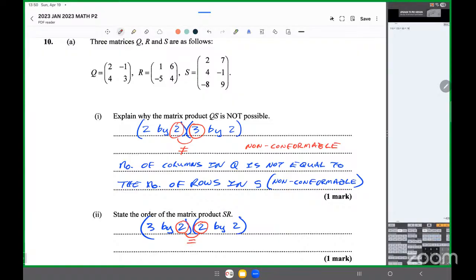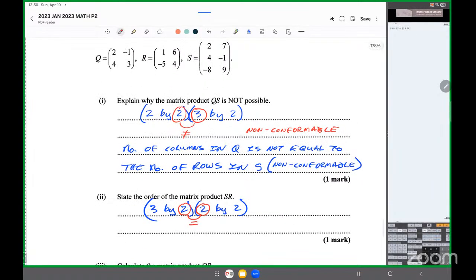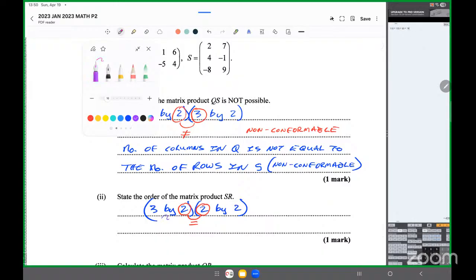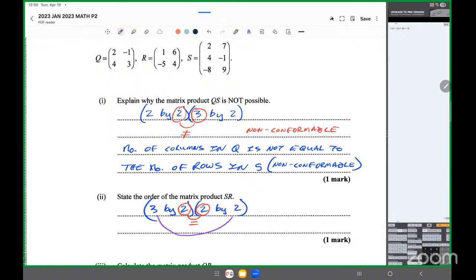You're good to go with that. The result is going to be this number of rows by this number of columns. That's the resulting order: 3 by 2.